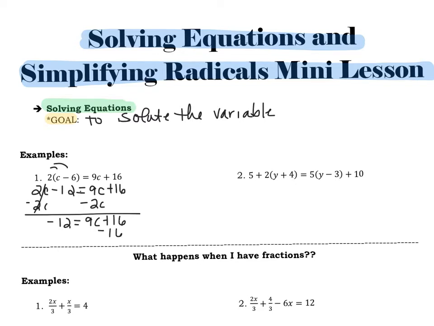So now I'm going to subtract 16 on both sides. So now I have 9c equals negative 28. So now I'm going to divide by 9. 28 divided by 9 doesn't work, so c equals negative 28 divided by 9. And I'm done.